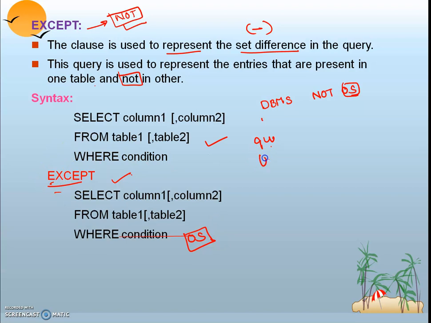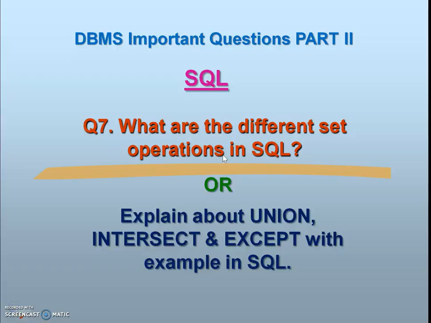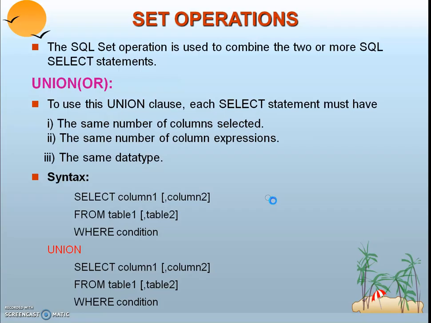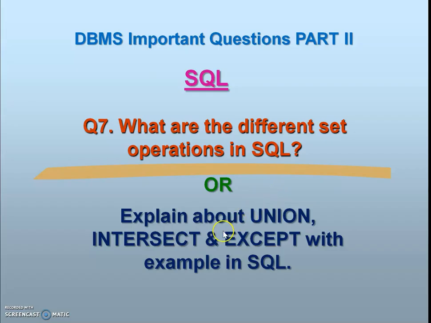So union should be replaced by intersect if it is AND in the question, and it should be replaced with except if you find NOT in the question, and just change the conditions. So if the question is about the set difference operations in SQL, explain the union operator, intersect operator and except.